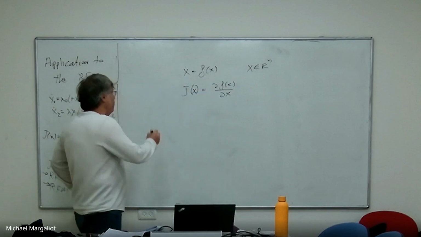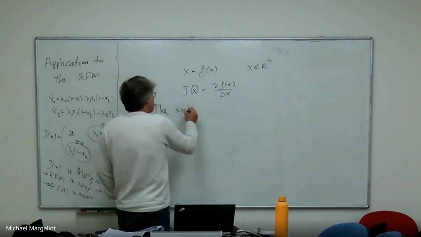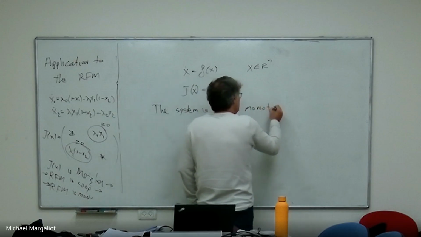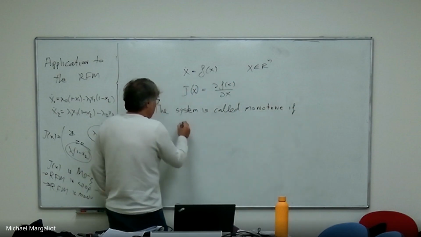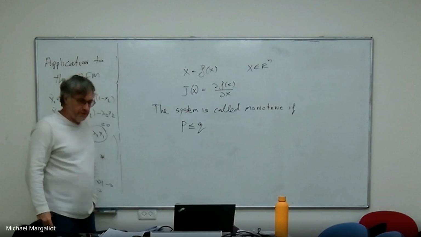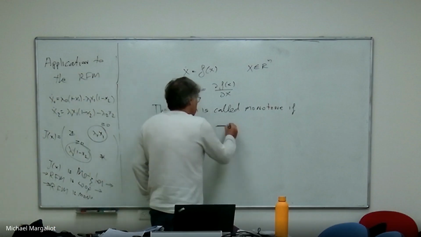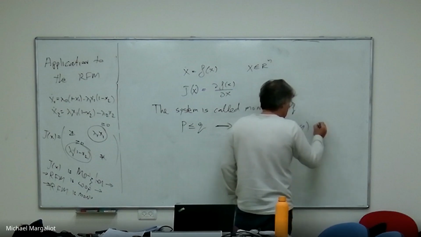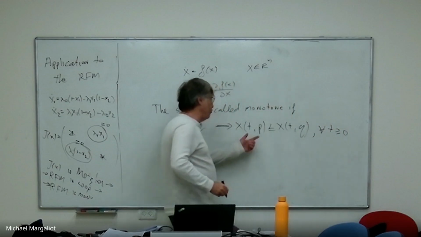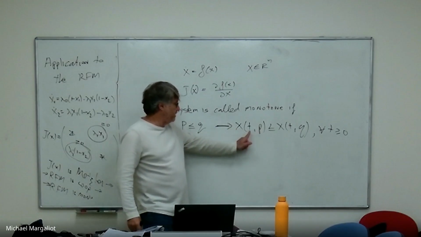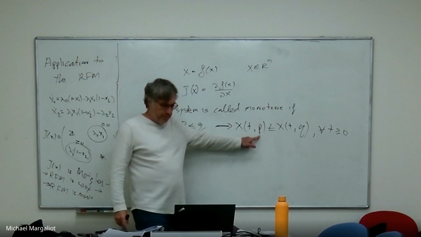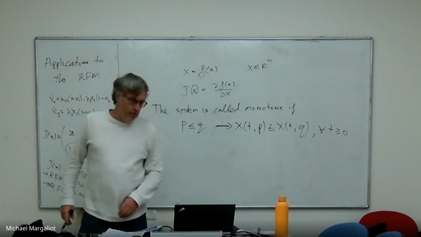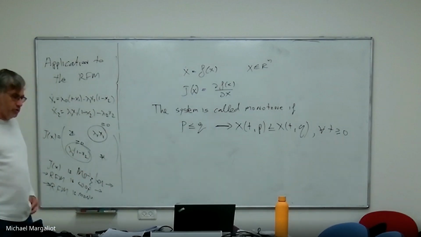Now, the system is called monotone if whenever we take two initial conditions which are ordered, and I explain the ordering, then the flow, this is the solution at time t when the initial condition is p, and this is the solution at time t when the initial condition is q, preserves the ordering between the initial conditions.